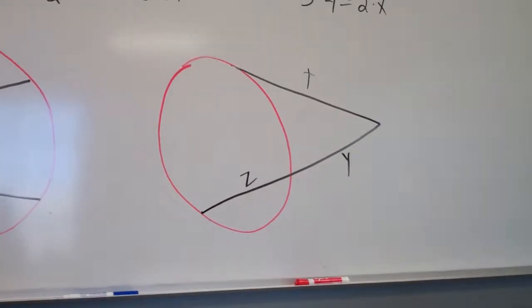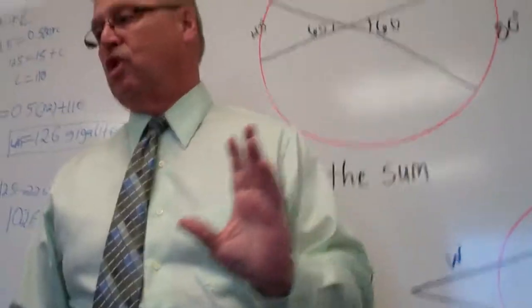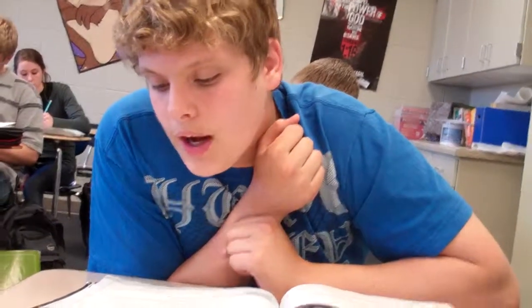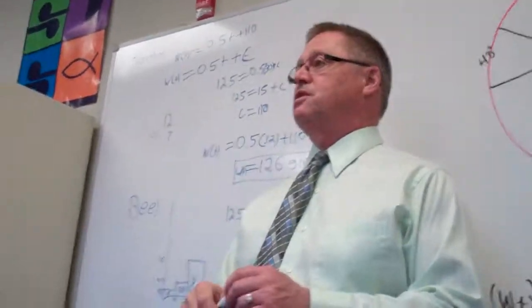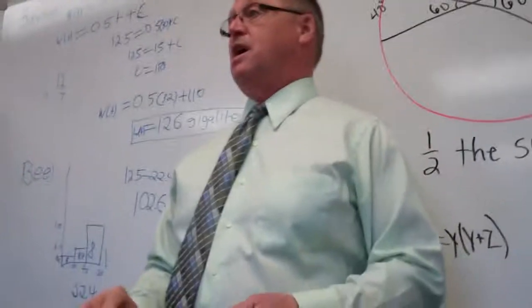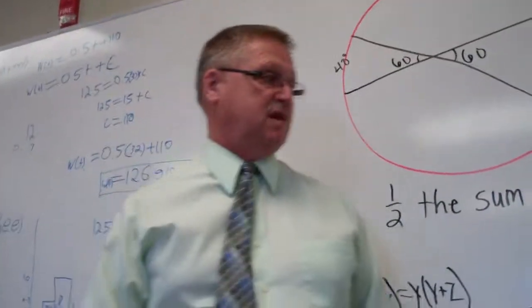All right. Can you tell me the formulary relationship between these? Yeah. Y plus Z times Y equals T squared. All right, I'd just like to say that isn't real hard to remember because you can just use the same plan I just mentioned. Outside piece times whole thing equals outside piece times whole thing. Watch me as I write that.